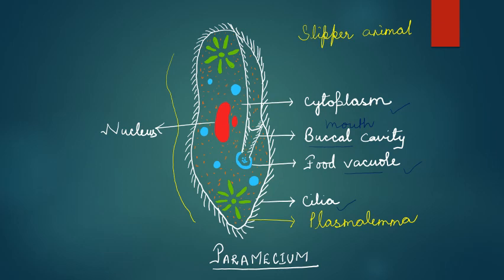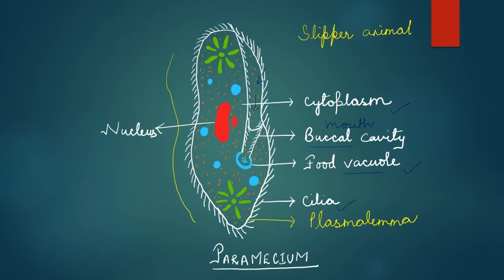When it catches its prey and it enters the buccal cavity or the mouth cavity, the cilia present inside the mouth cavity help that prey to get inside the food vacuole directly, where it gets digested.